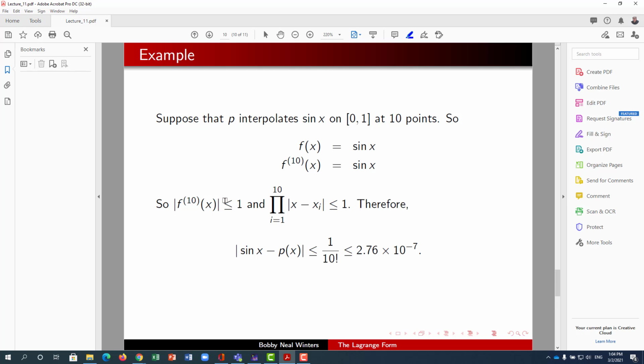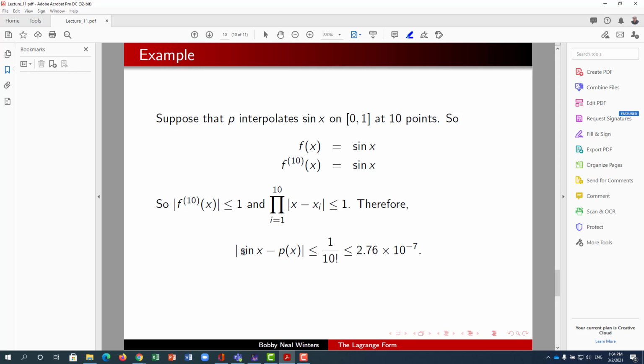And so the absolute value of the 10th derivative of f is at most 1, because it's sine. And so all of my roots are in the interval from 0 to 1, so no pair of them are going to be farther apart than 1. So if you take their product, that's less than 1.